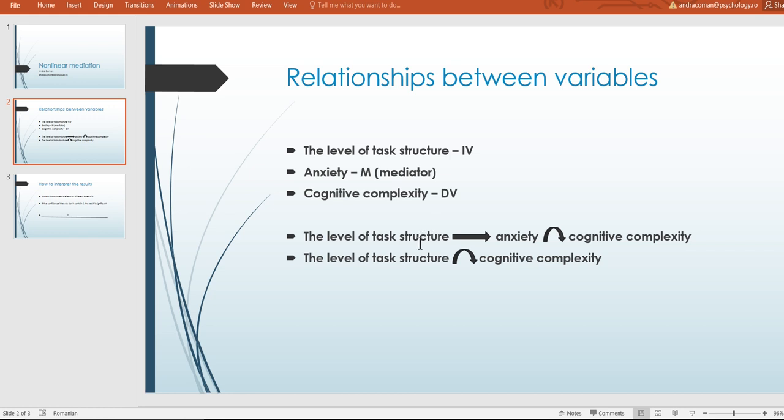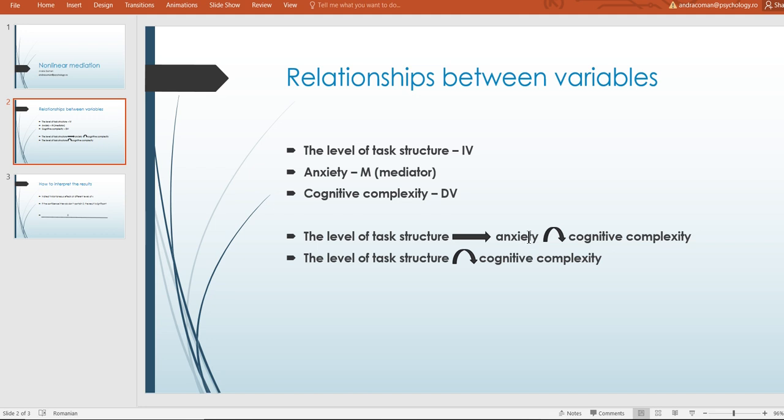And we have a linear relationship between the level of task structure and anxiety, because when the task is very structured, anxiety is low. When it is medium structure, anxiety increases, and when it is very unstructured, anxiety increases more.